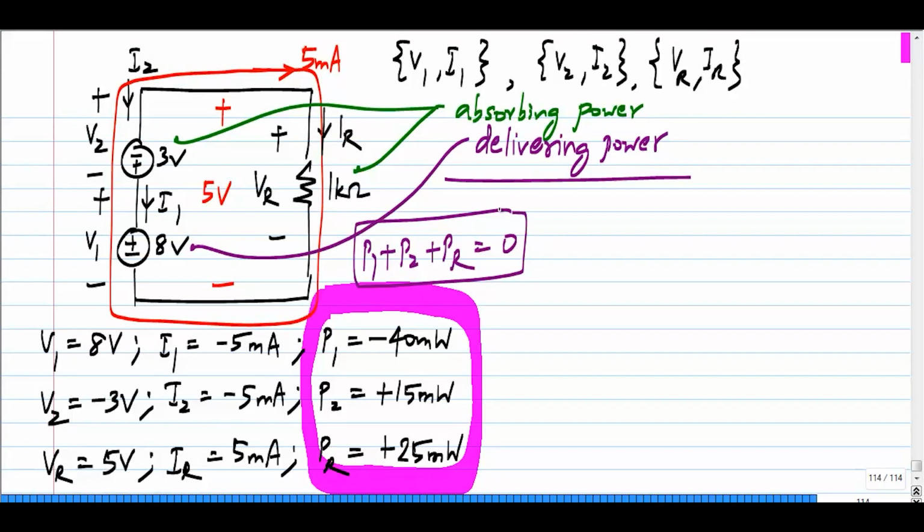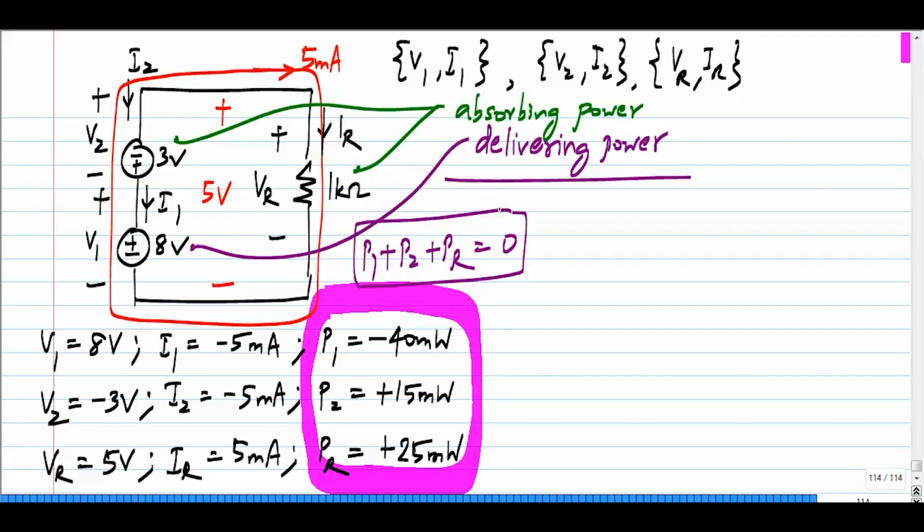So, if you take every element of a circuit and calculate the power absorbed by them, that is the products of V and I chosen according to the passive sign convention, then the sum of all those powers will be 0. There will be some sources delivering power, there will be some other elements absorbing power, but the net will be 0.